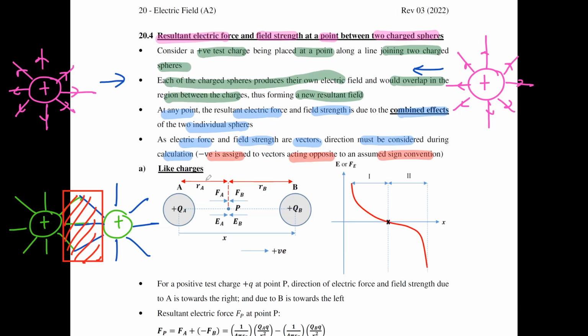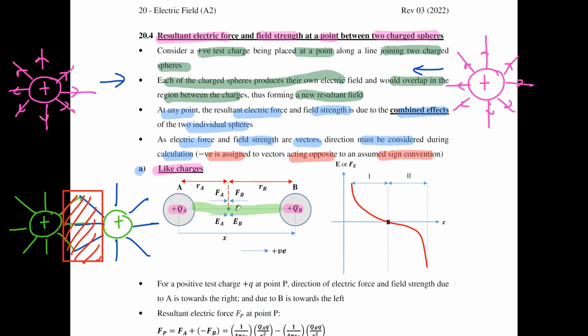Say in your first diagram here, you have examples for like charges, meaning to say it's either positive positive or negative negative. So I have a positive QA charge and I have a positive QB charge. In the region between those two charges, there's one particular line that you are interested in, this green line here.